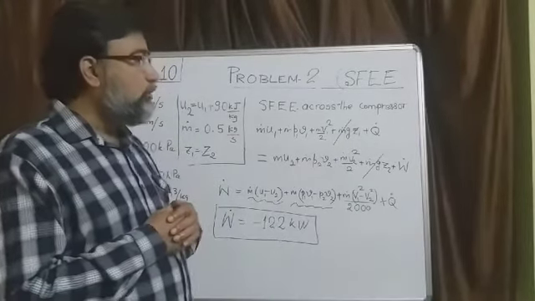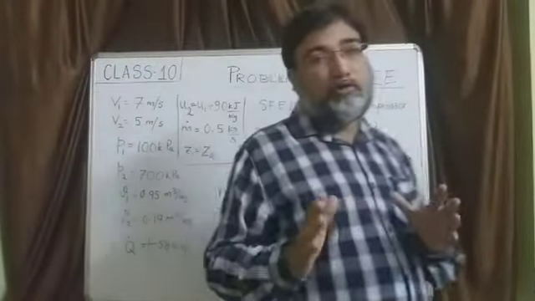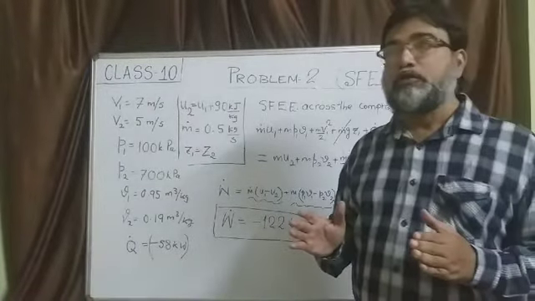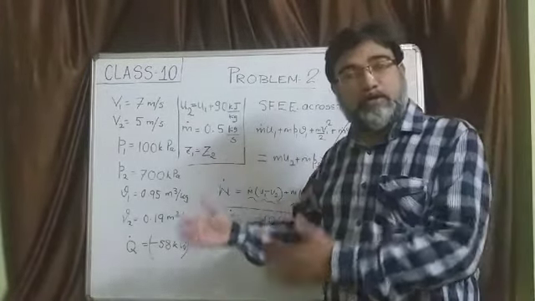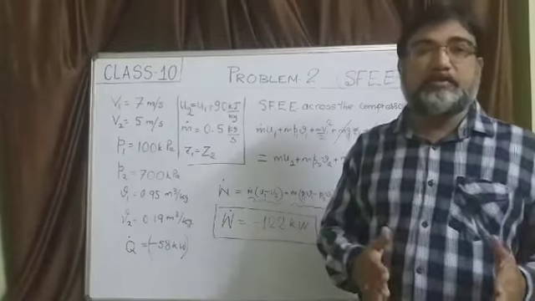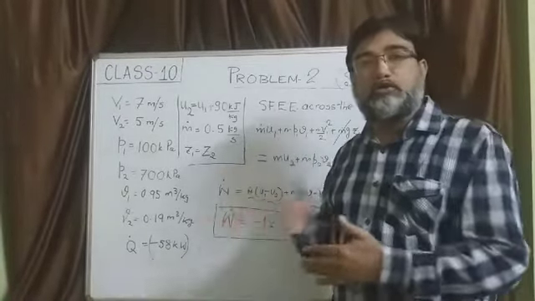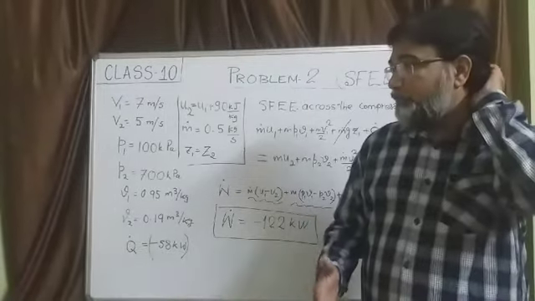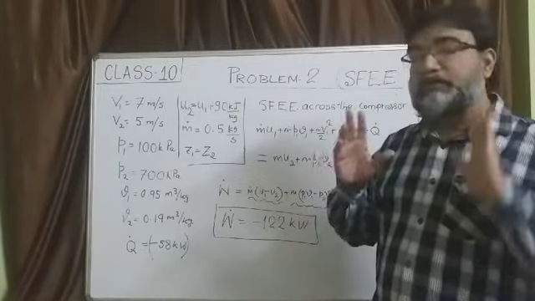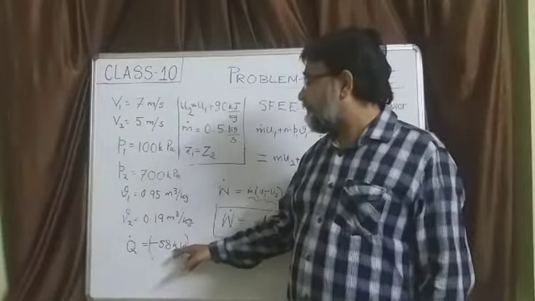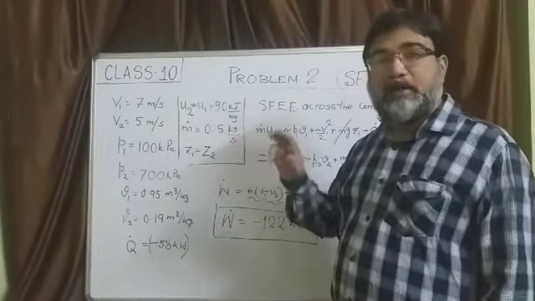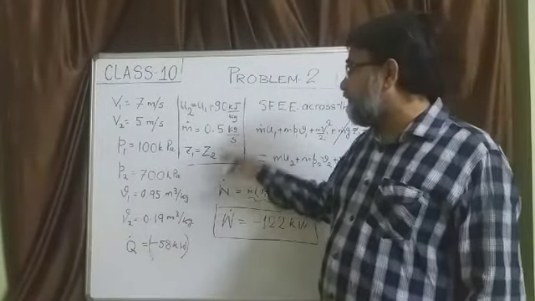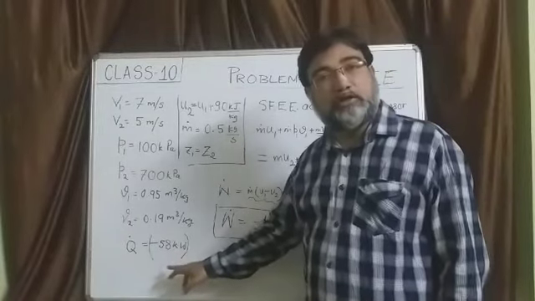Now the question is, which equation is to be used? The steady flow energy equation based on per unit time, or the energy equation based on per unit mass? Remember one thing: when you go through the statement of the problem, if you get terms like kilowatt and kg per second, kg per second means a time factor is there, and kilowatt means kilojoules per second, so another time factor is there.